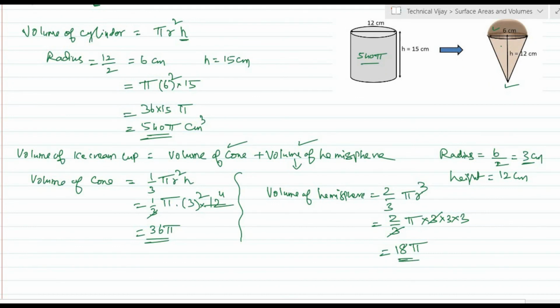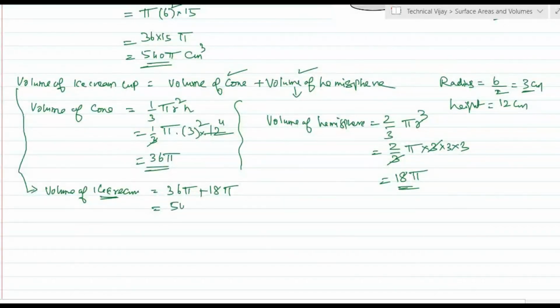Now the total volume of one ice cream is 36 pi plus 18 pi, which is 54 pi.